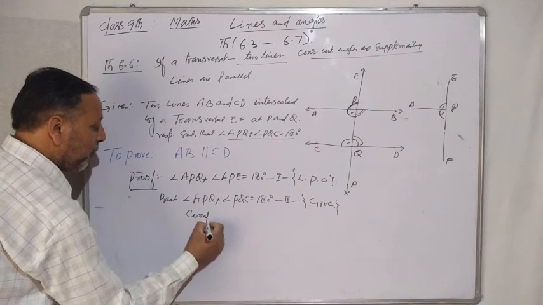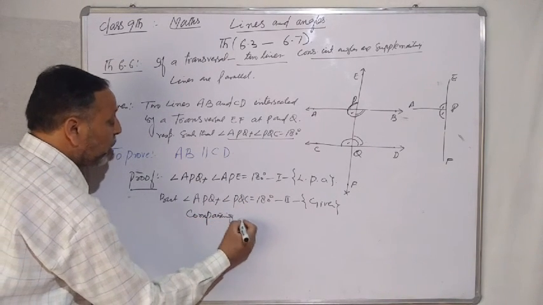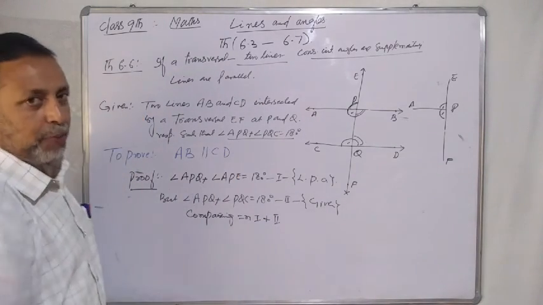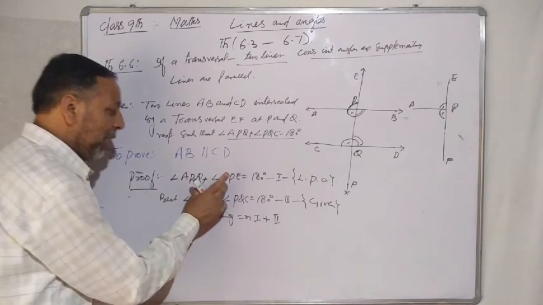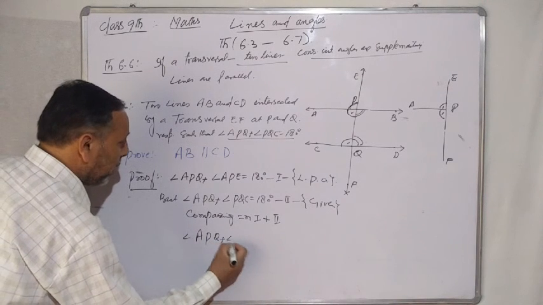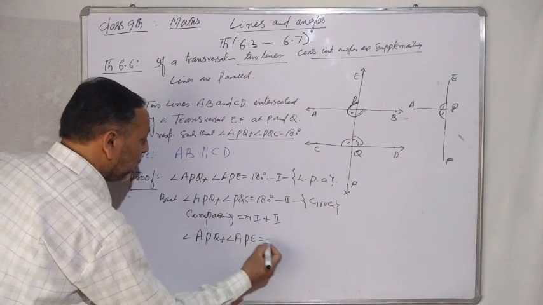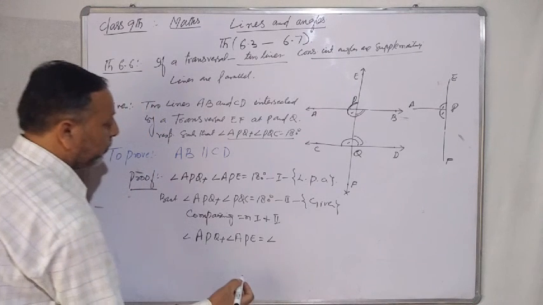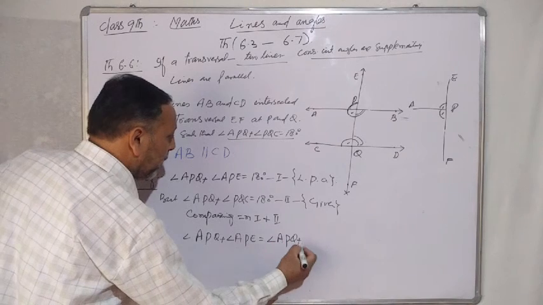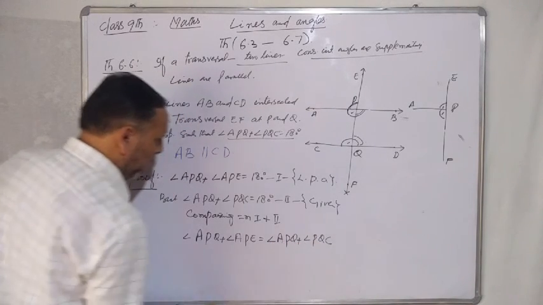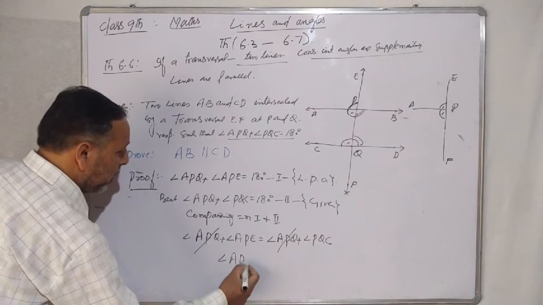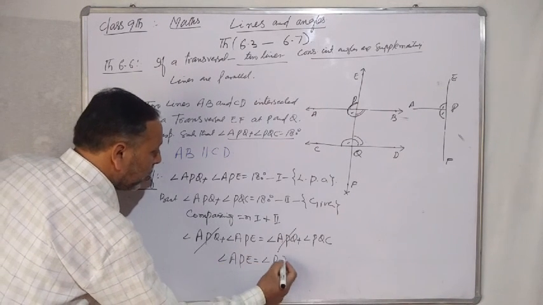We have angle APQ plus angle APE is equal to angle APQ plus angle PQC. Angle APQ and APQ cancel here. So that means angle APE is equal to angle PQC.